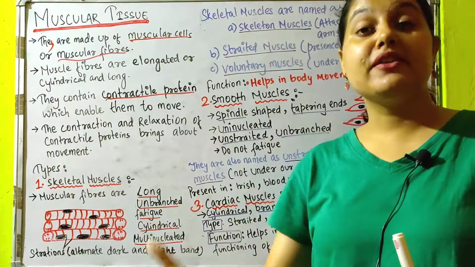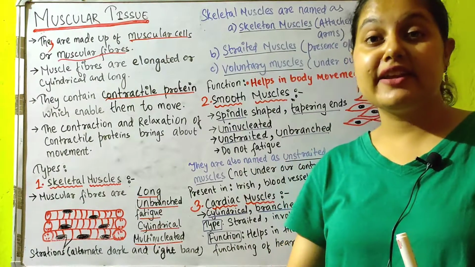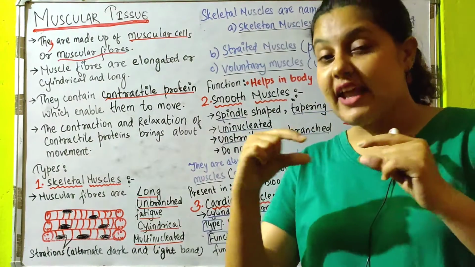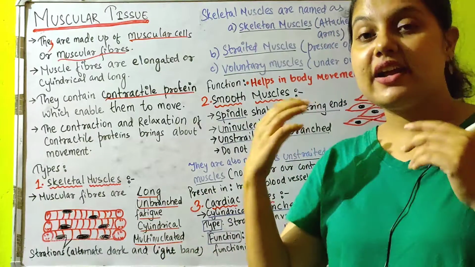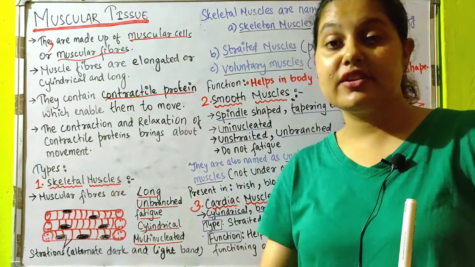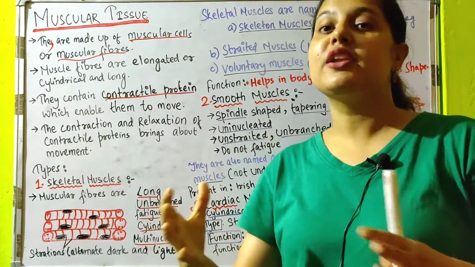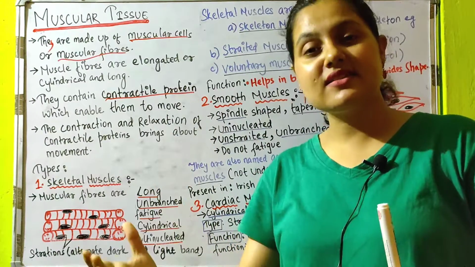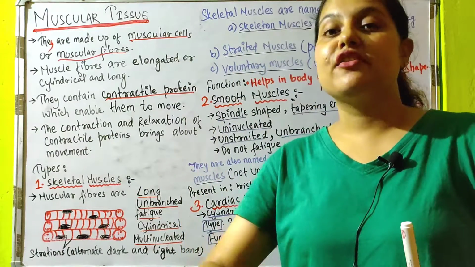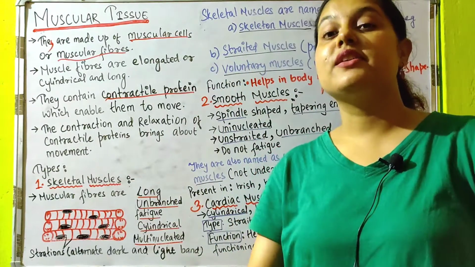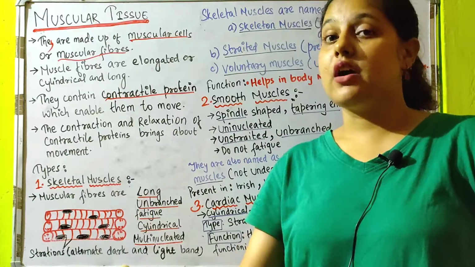Smooth muscles are spindle in shape, uninucleated, they have a tapering end, they are unbranched and unstriated, and they are found in regions which are not controlled by us, that is in the lining of the food pipe, in the lining of the intestine, in the iris of our eye.